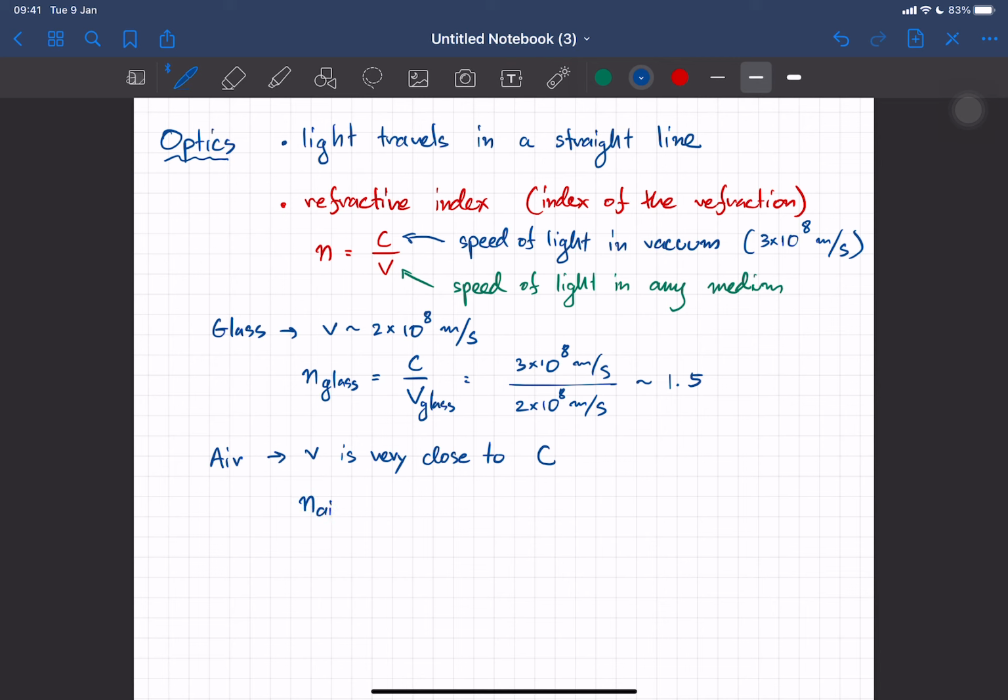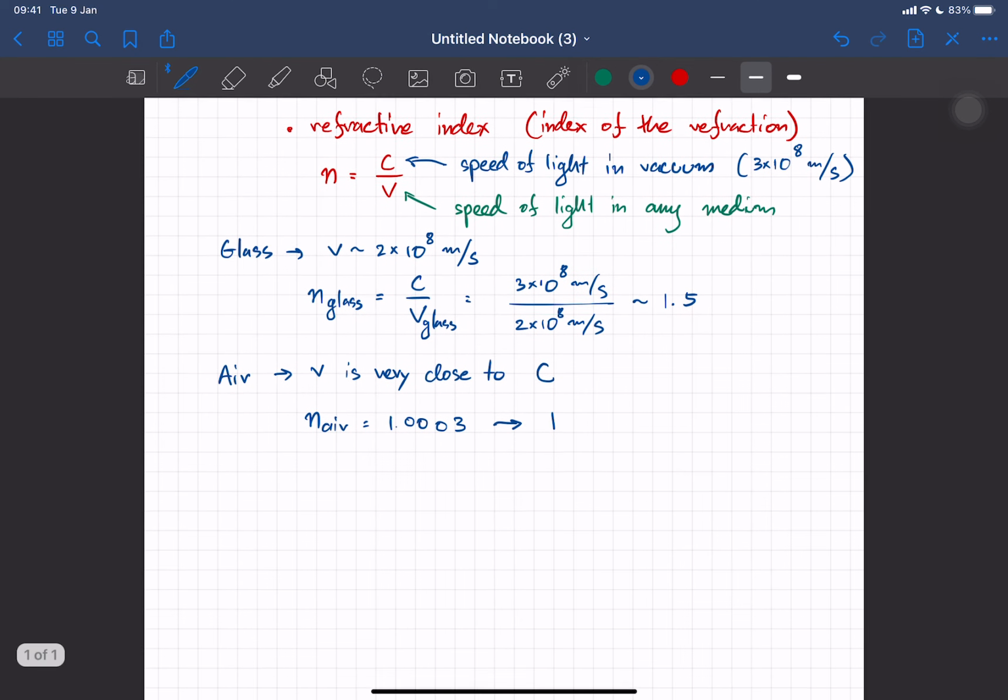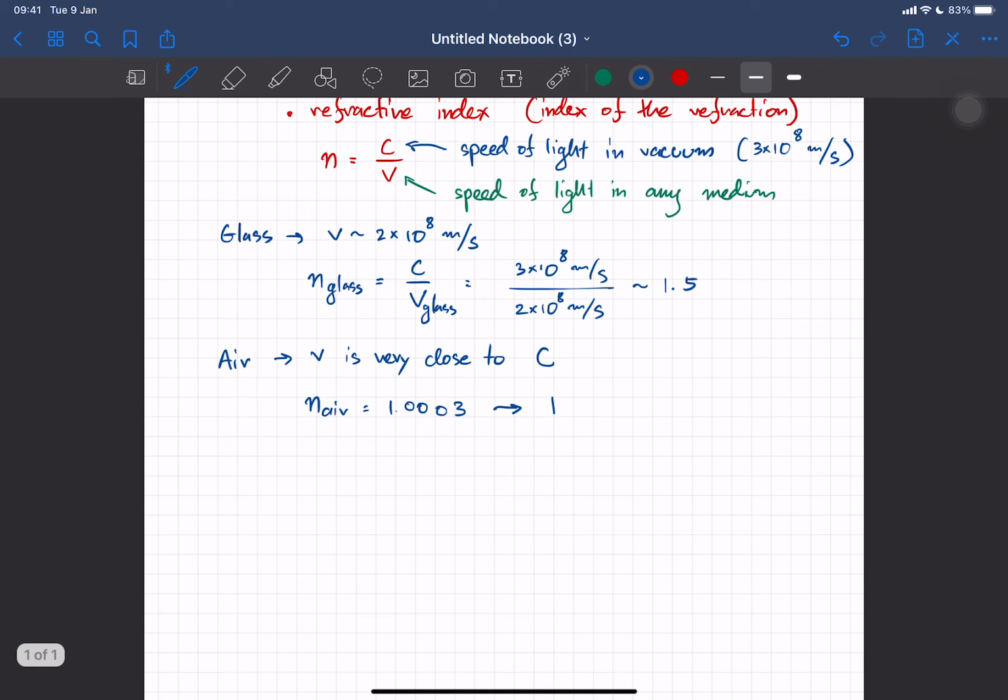So n of air, which strictly speaking is about 1.0003, but for most cases we're gonna say it's just 1, okay? Because we will not talk about that kind of precision in this context. So n of glass is 1.5, n of air is about 1.